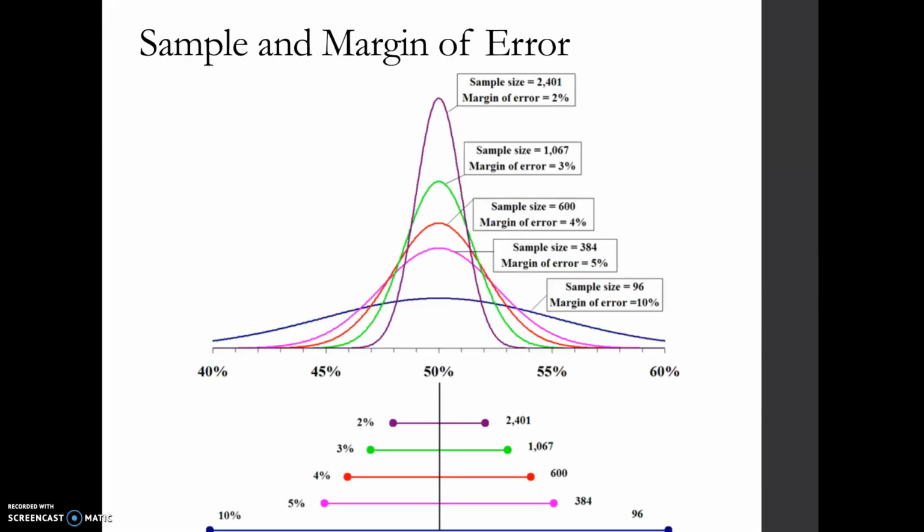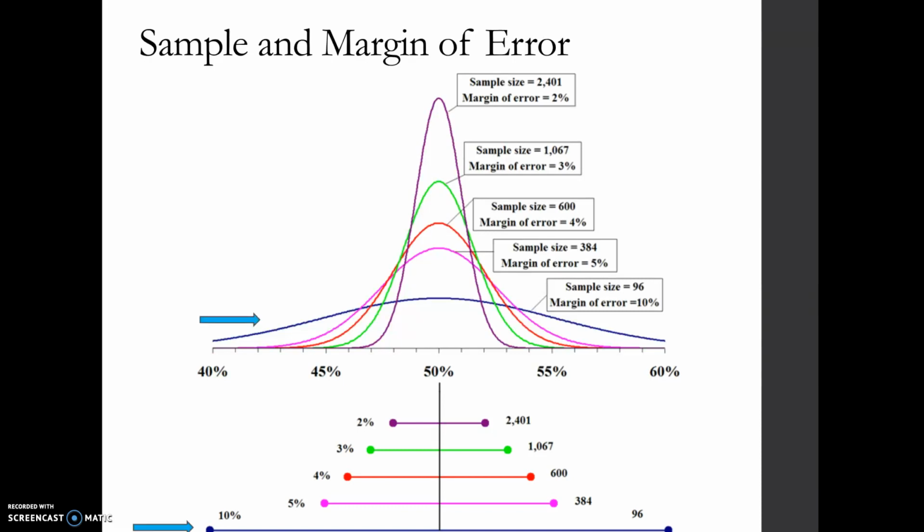And the margin of error is related to your sample size. If you look closely at this graph, we have the average at 50%, and that's where the sample mean lies. And then you want to predict the population value, you will get the range by plus and minus the margin of error.